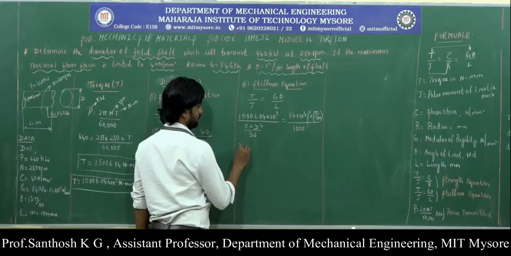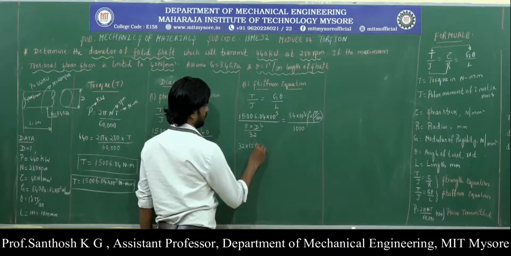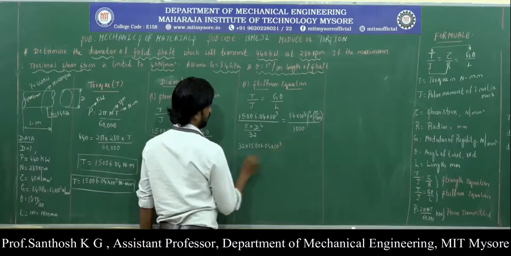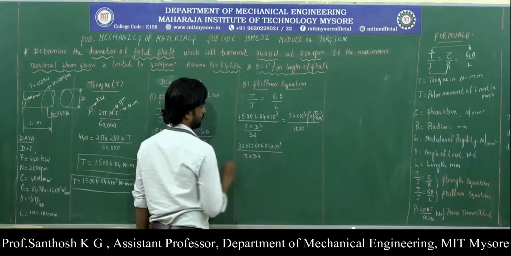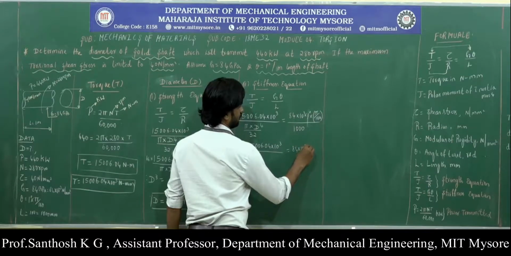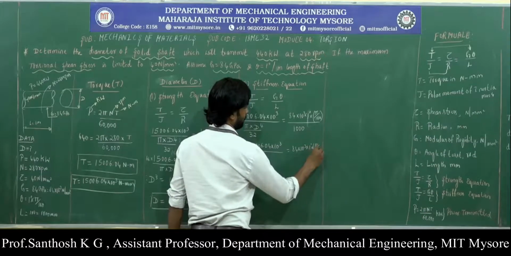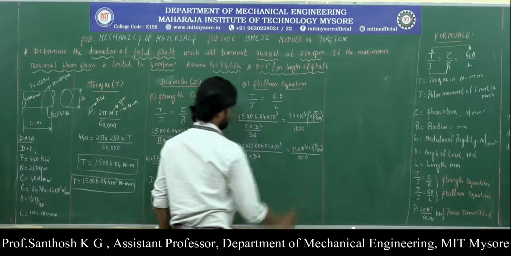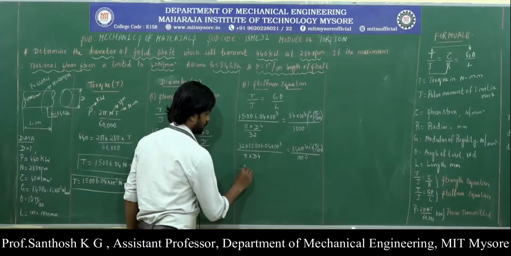Simplifying the above equation, 32 into 15006.04 into 10 to the power of 3 equals pi into d to the power of 4 equals 84 into 10 cube into 1 degree into pi divided by 180 divided by 1000. Write this equation in terms of d.